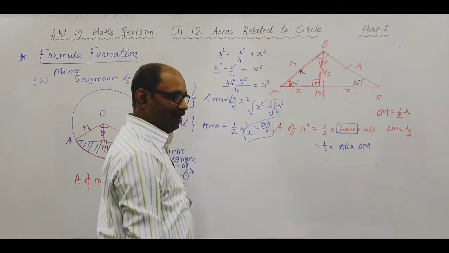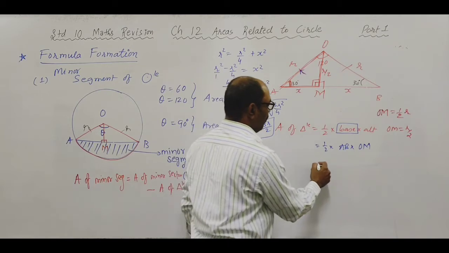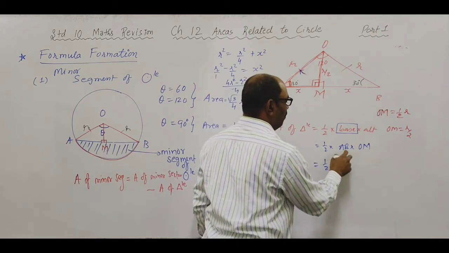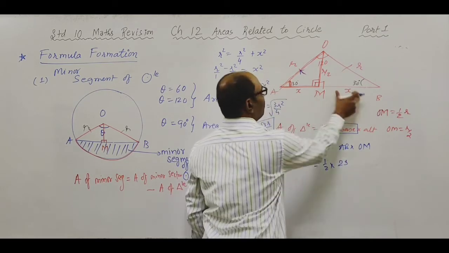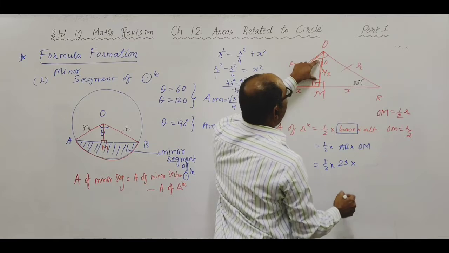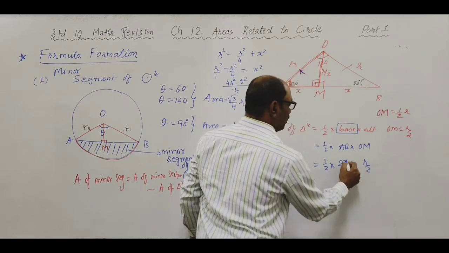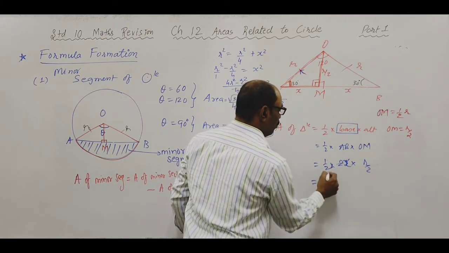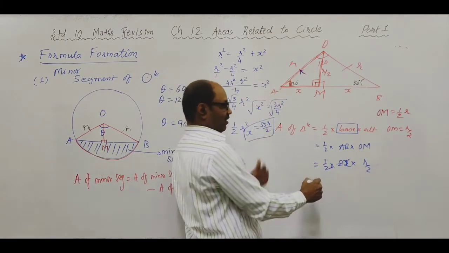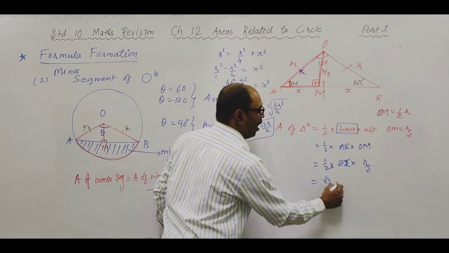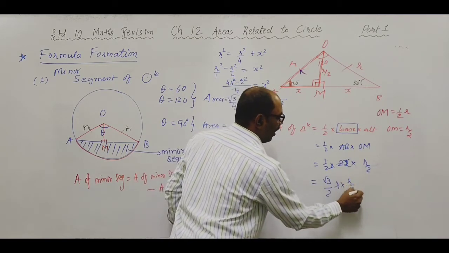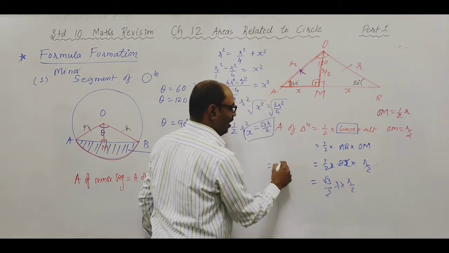Root 3 by 4. Now let's put the value in half into AB. AB is what? X plus X, 2X. OM is what? R by 2. This is 2X. चलिए 2 cancel. What is the value of X? Root 3 by 2 R into R by 2. बोलिए मिल गया ना फॉर्मूला?